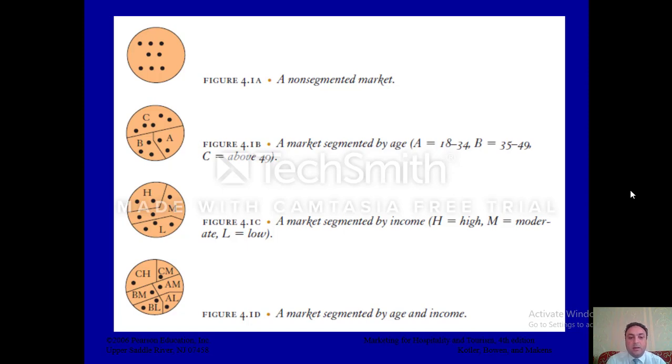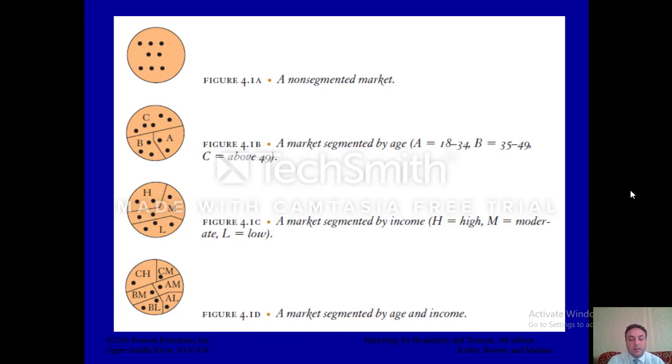The first one is a non-segmented market, which is the whole market as a whole group. In the second figure, we can see a market segmented by age. We can see a segment with the young people from 18 to 34. Another segment is for people who are 35 to 49. And C is the people above 49.